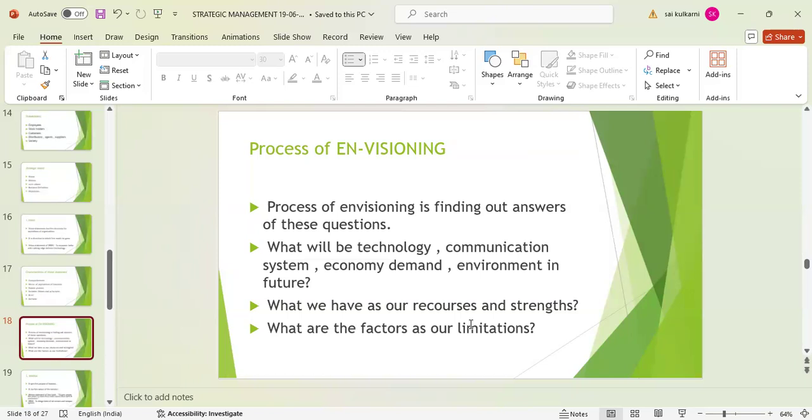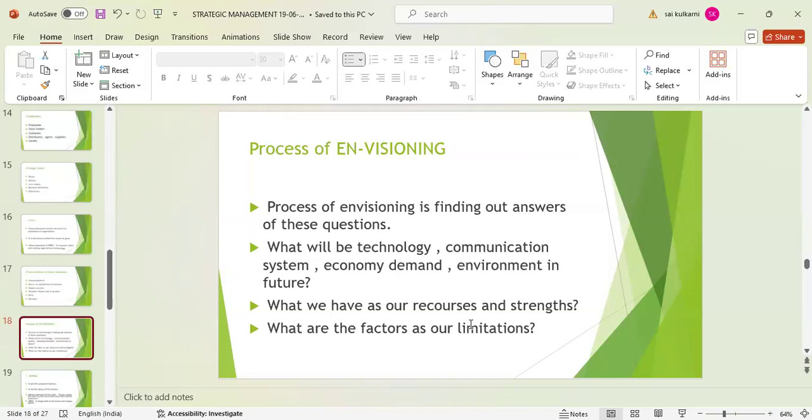And after that, you have to focus on your limitations. When you are studying your limitations, you can avoid the hindrances in the path of business if you are aware of your limitations.